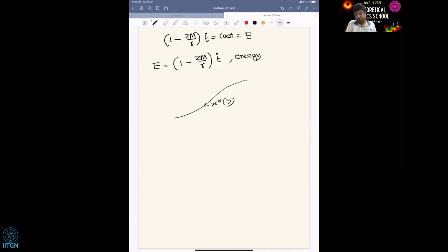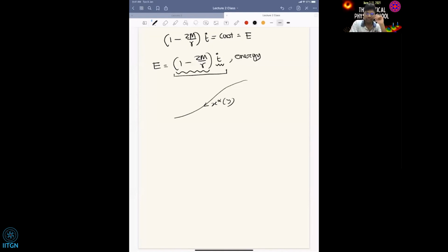Again, t dot is also changing because if it moves in space and time, t will change with respect to the proper time, because it's moving in the direction of the future. But the change is such that the total product remains always constant. That's the requirement of time translation invariance.